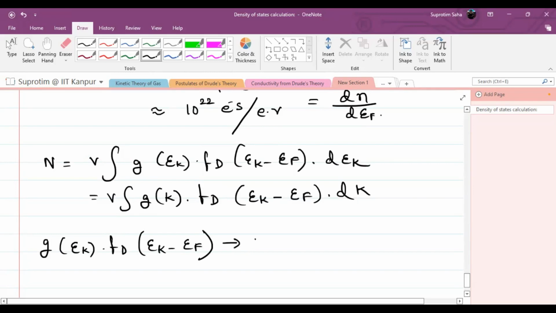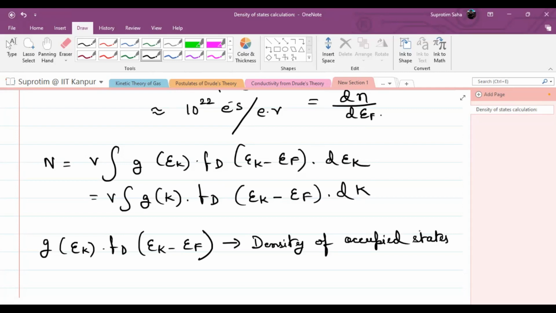This is what you call the density of occupied states, because g(E_k) gives you the density of states and you multiply it with the probability distribution. Basically, the Fermi-Dirac distribution is the probability of occupancy.